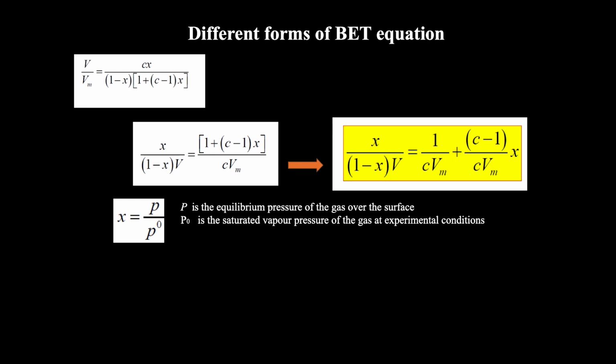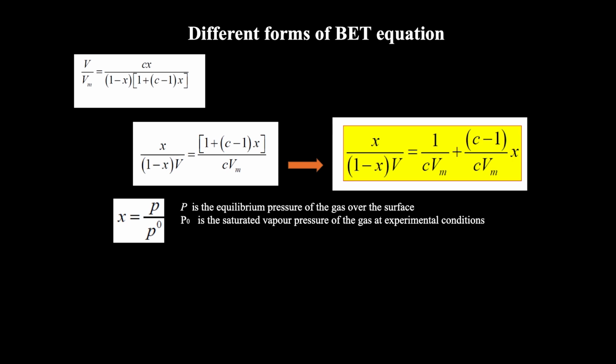By simple rearrangement, this form can be written as x by (1 minus x) into V equal to 1 by C Vm plus (C minus 1) divided by C Vm into x. Substituting x equal to P by P0. Here P is the equilibrium pressure of the gas over the surface.